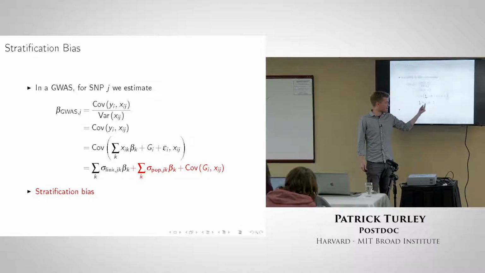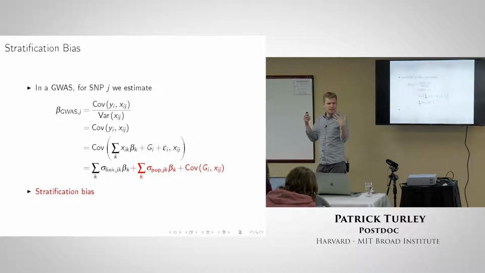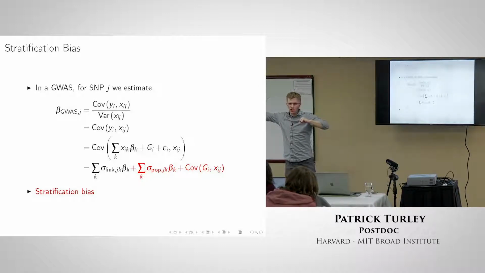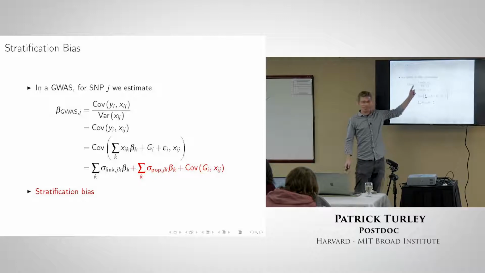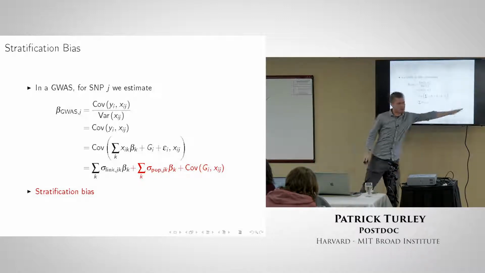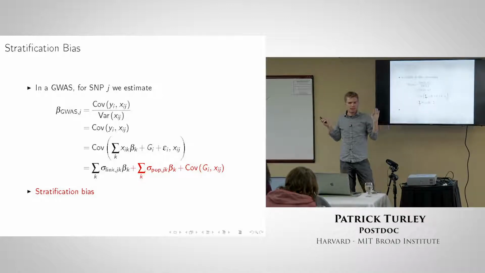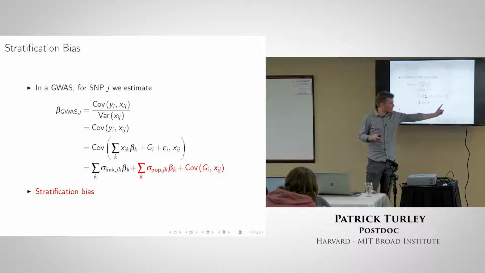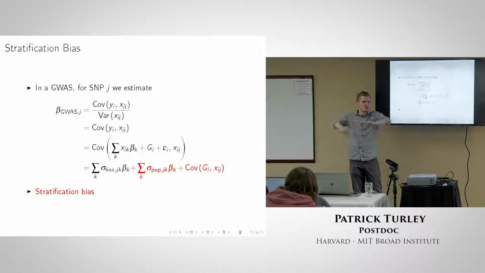Yeah, that's exactly right. So this term here, because the correlation due to linkage tends to be quite local. It decays based on distance and is never across chromosomes. If we see SNP-J is associated, and we think there's no bias due to stratification, we know that it's either SNP-J or a SNP nearby, and that's often enough to at least start thinking about what the implicated genes are, things like that. Whereas population structure can cause correlation throughout the whole genome.